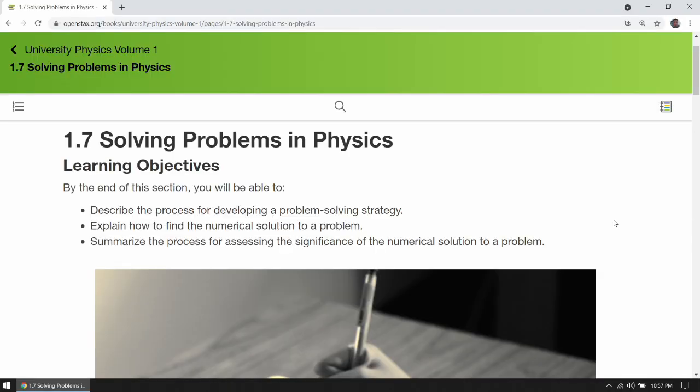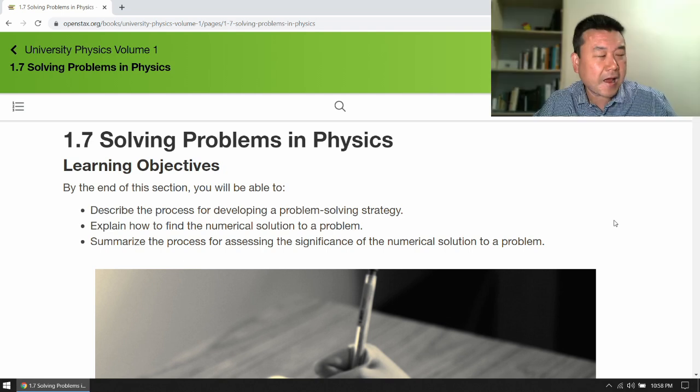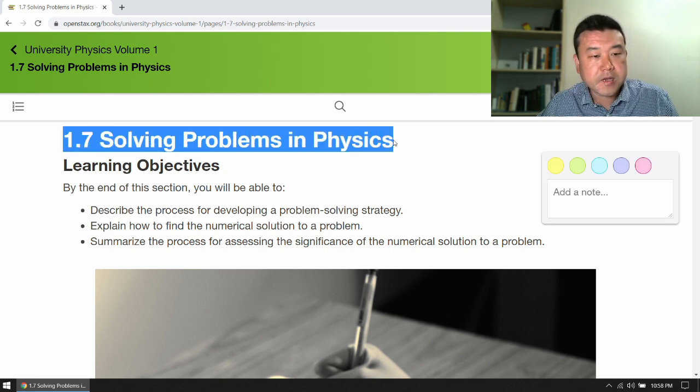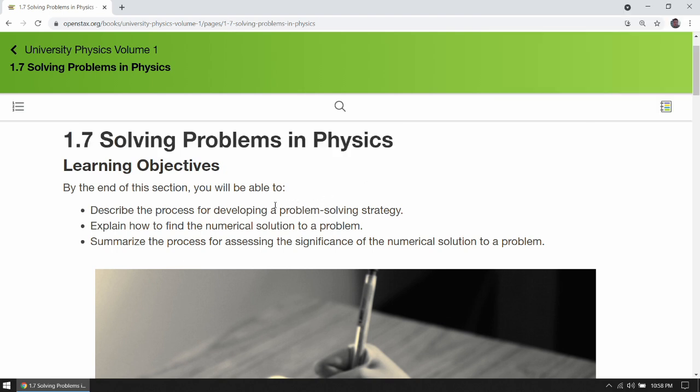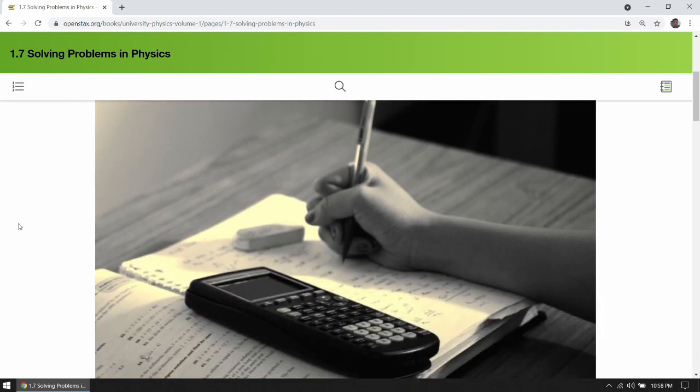I want to talk a little bit about physics problem solving. In my years of teaching physics, I think this is the one aspect that I find a lot of students struggle with. How do I best describe it? Your textbook has this wonderful section that gives a general description of the problem solving strategy that you should try to employ in physics, and I highly recommend this section.